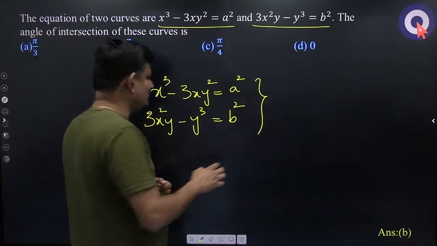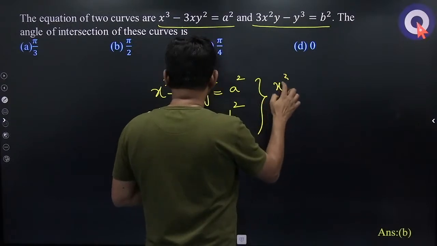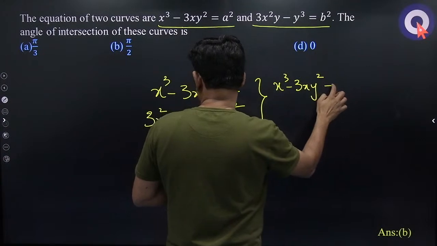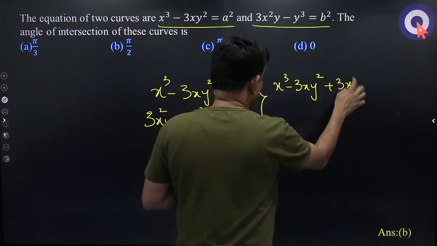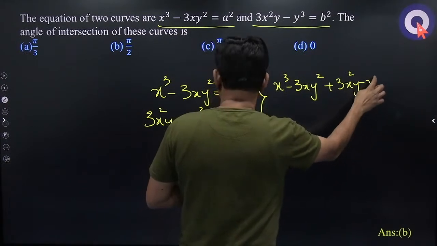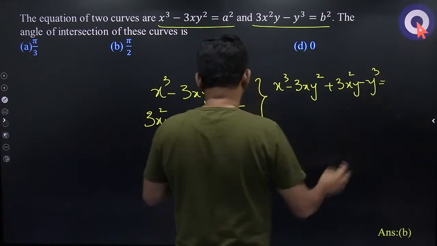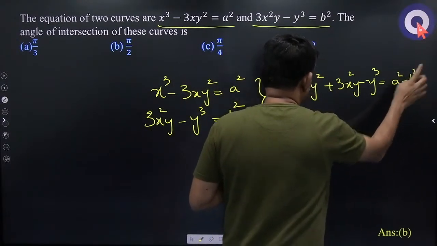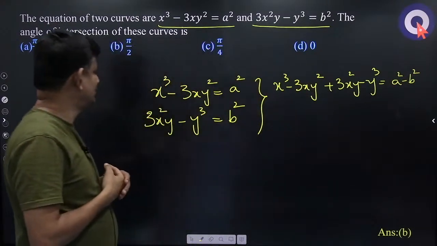If I add these two equations, what will I get? x cube minus 3xy square plus 3x square y minus y cube is equal to a square minus b square.